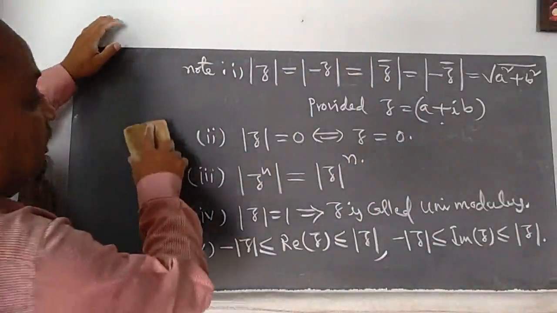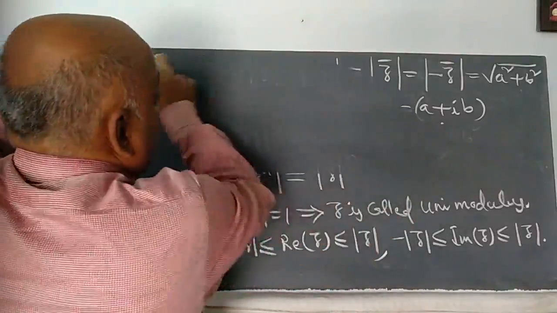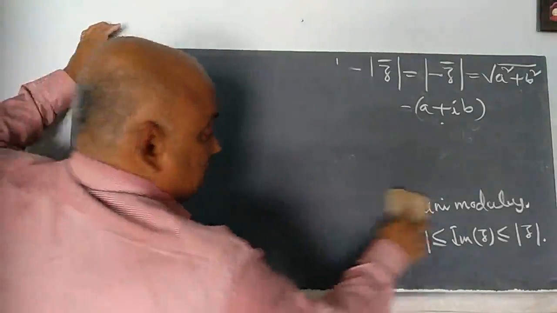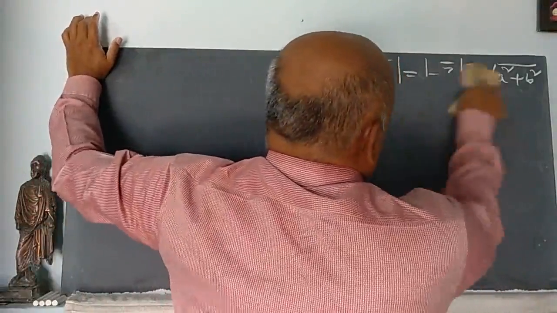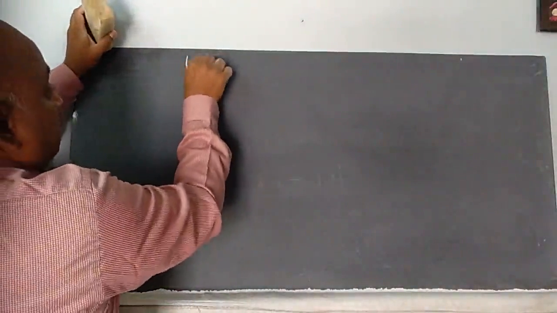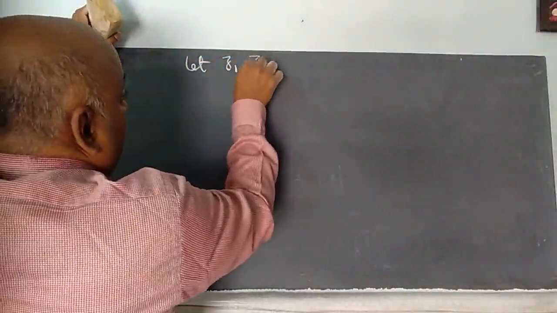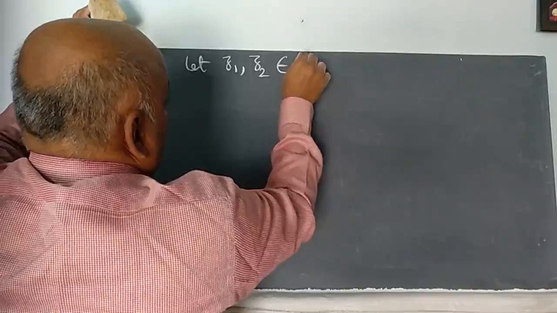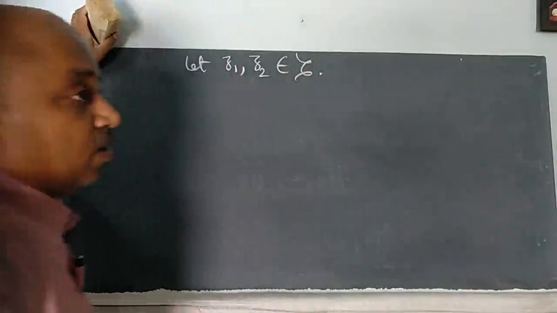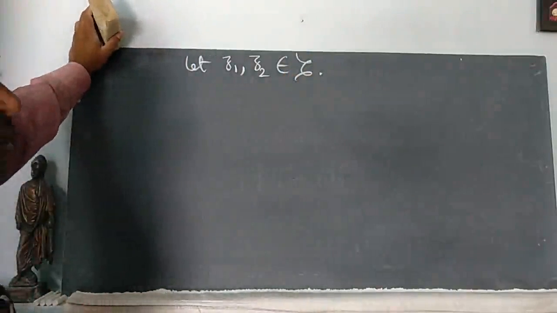Next, we see some more properties. Let z1 comma z2 belong to the set of complex numbers.